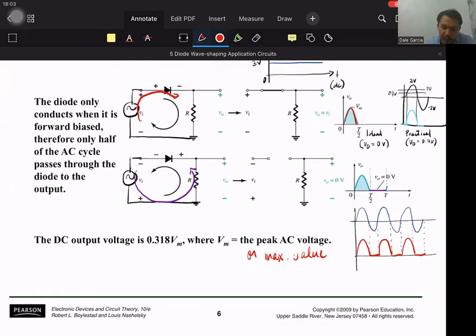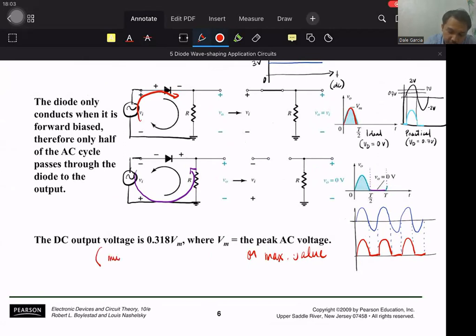So we multiply 0.318 by the maximum voltage. It's as if we have a multimeter. The DC output voltage is the voltage that we will obtain if we have a multimeter set to DC mode.